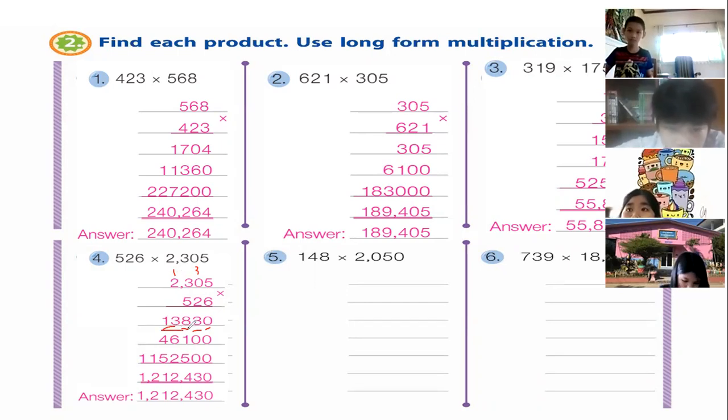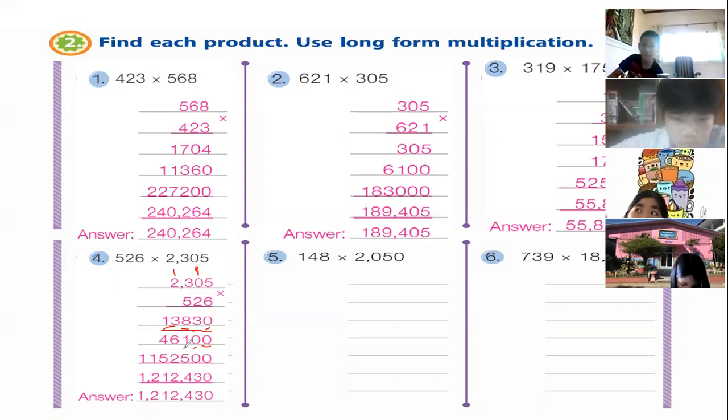So we have the product 13,830. We write down the 0 at place 1. Again, 2 multiplied by 5 is equal to 10. So 0 we write here and 1 will be carried over at place 10. Now 2 times 0 is equal to 0, but we have 1.